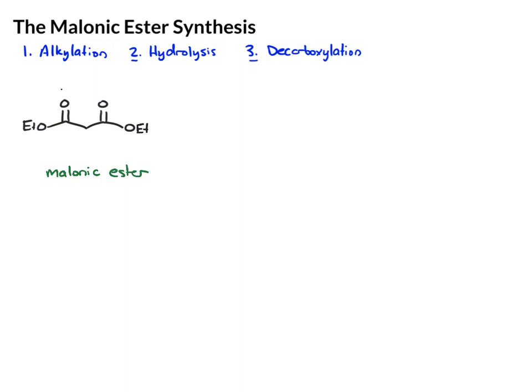What you should already know about this is that we have these alpha protons, and those are more acidic than regular alpha protons because they're flanked by the two carbonyls. So we can alkylate at that alpha position. That is our first step.